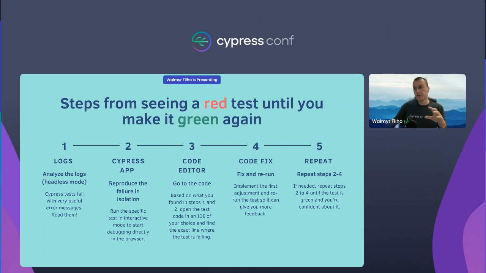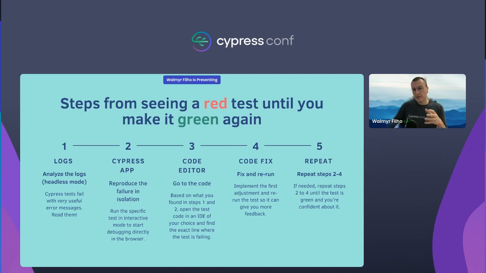After you have reproduced the issue locally in interactive mode and you started debugging it, you can go to the code editor, based on what you found in steps 1 and 2, and you can go to the exact line of code where the test is failing. And after you found the line where the test is failing, you can go to step 4 to fix the test, or at least to do the first fix.